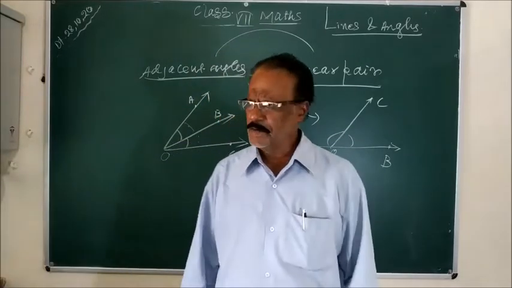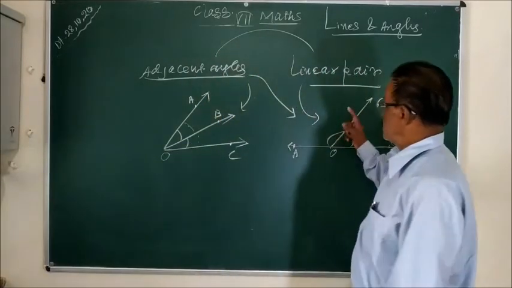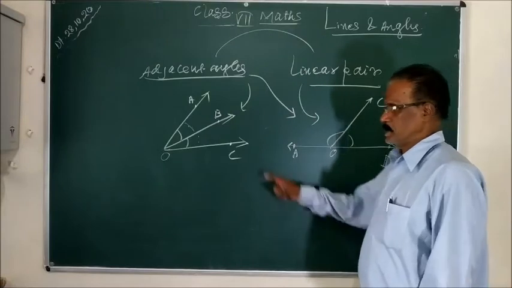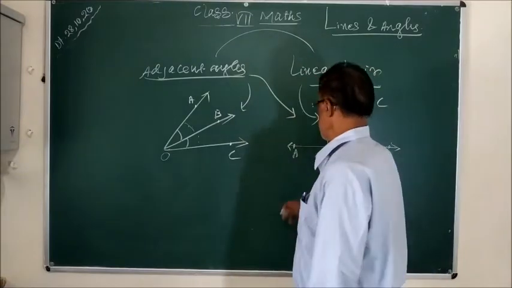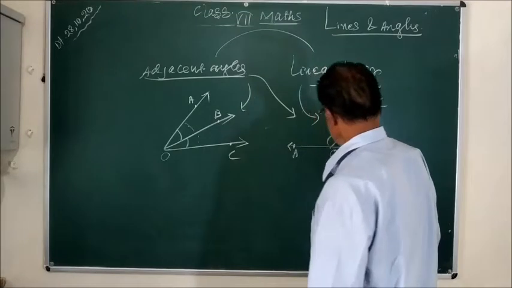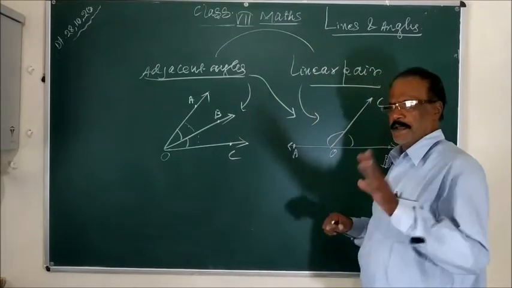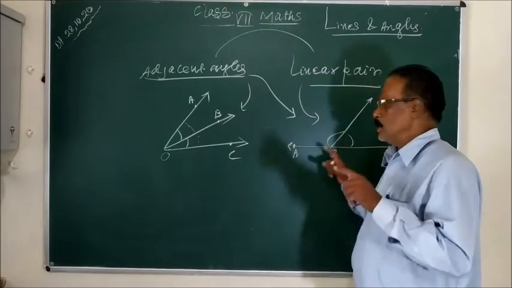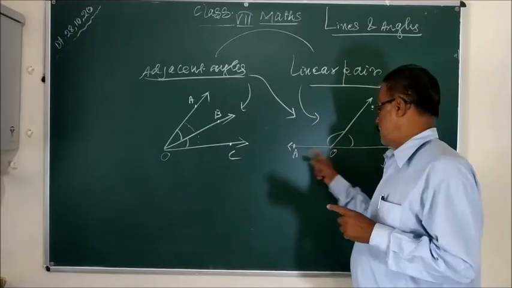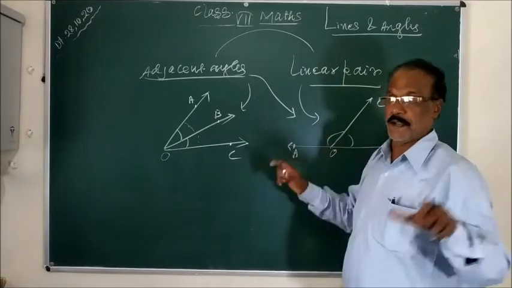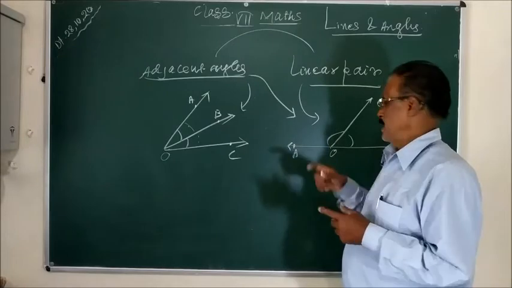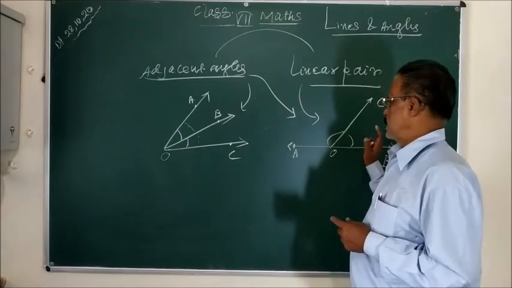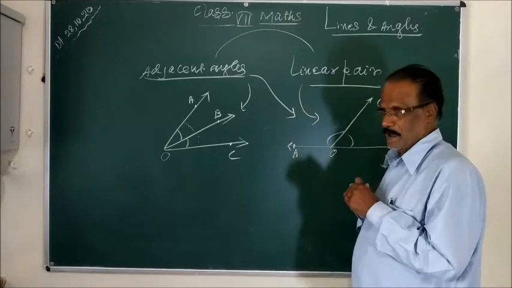But how can you say this is a linear pair? This is not a linear pair. In a linear pair, the important point is that the non-common arms OB and OA are just opposite rays. So this will be called a linear pair.